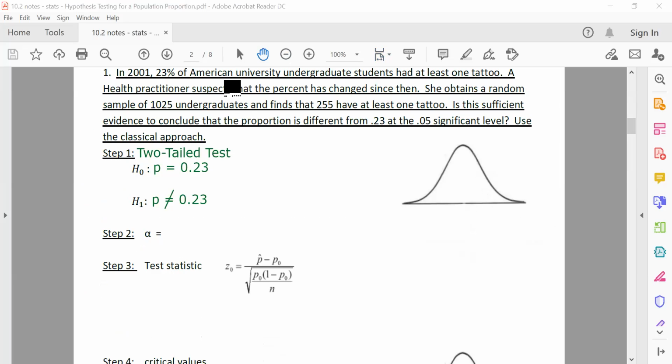So alpha is going to be equal to 0.05. That's our probability of making a type 1 error. That's going to be the level of the test. Now, we're going to look at this, and what we want is that alpha is going to be the area under the curve found here or here.